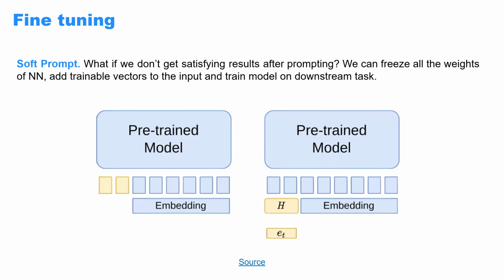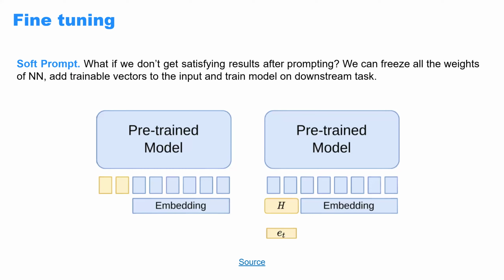So we are learning the correct vector representations that will be suitable for our task. The main problem is that we need a data set with correct answers to fine tune our model.